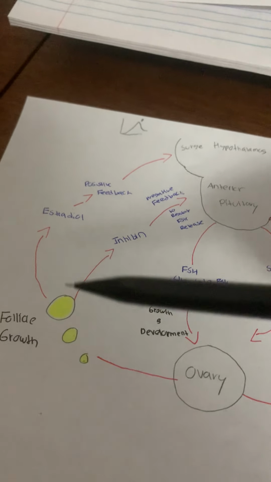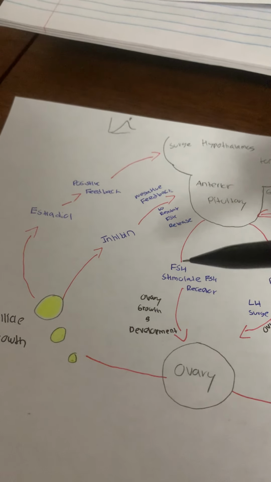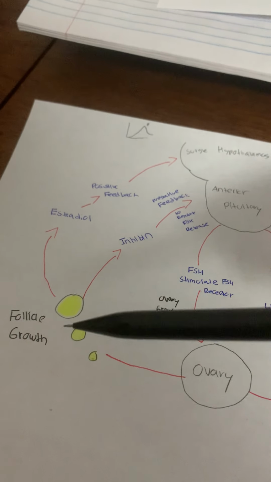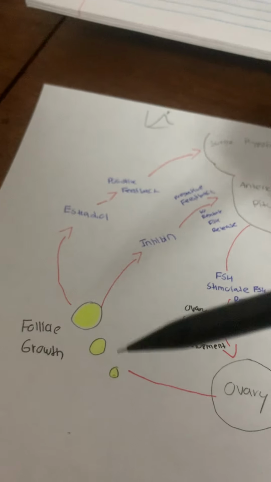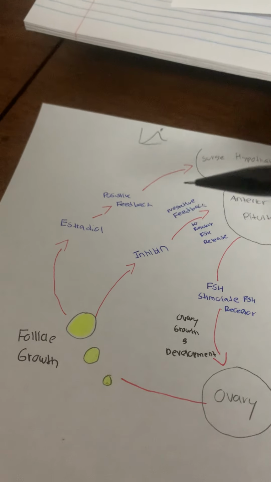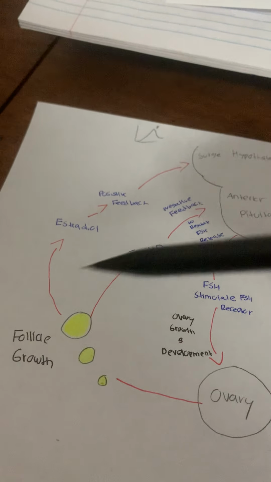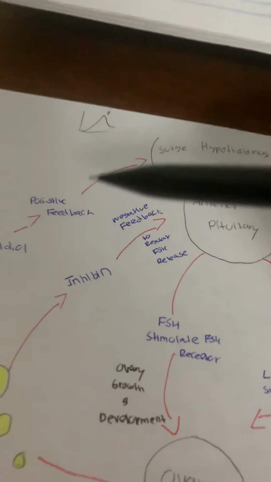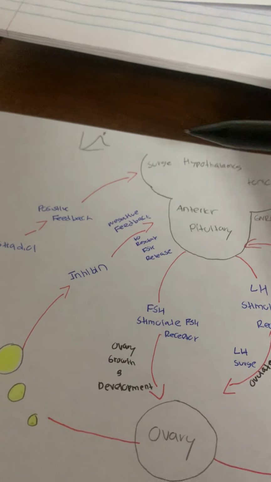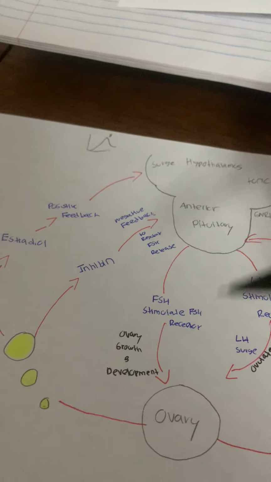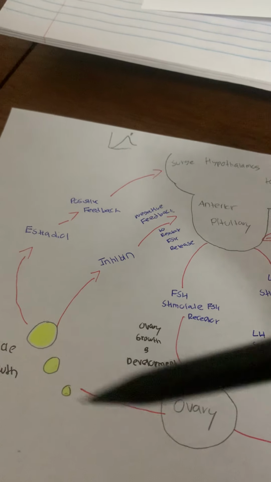Once we have our FSH, it's going to stimulate follicle growth, and our follicles produce two different types of hormones. Our estrogen is going to produce our estradiol, which creates a positive feedback, which will keep producing more and more follicles.